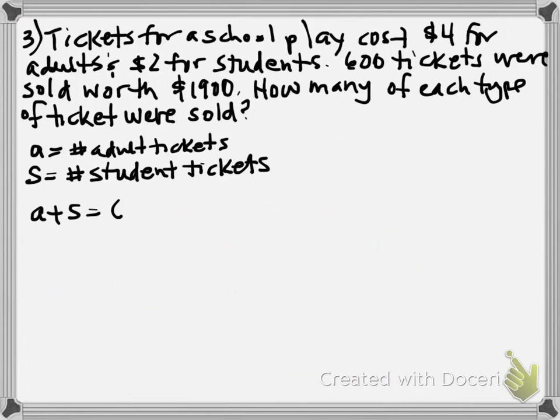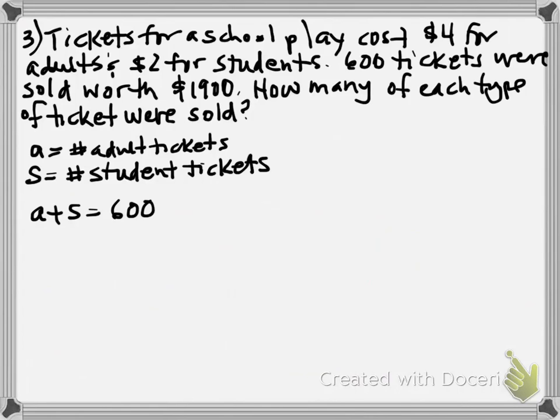Very good. And Megan, what would be the equation for how much money they made? A plus S equals 1900. No, because that would be one adult ticket plus one student ticket equals $1,900. That's one expensive play.